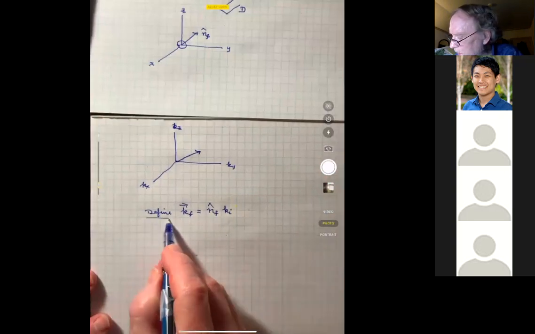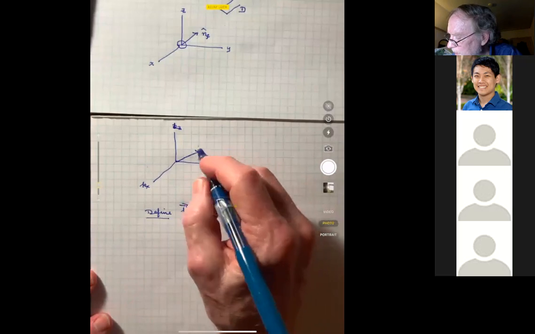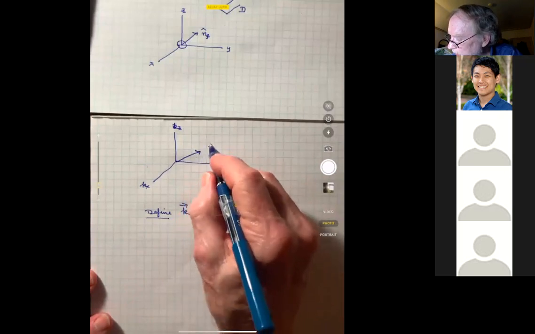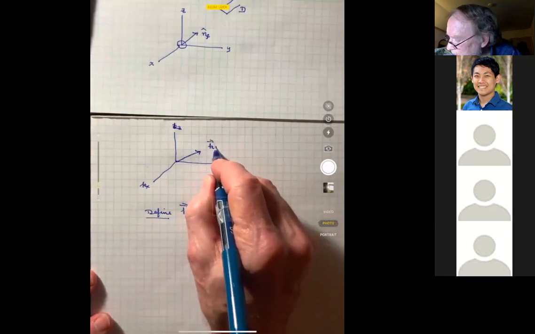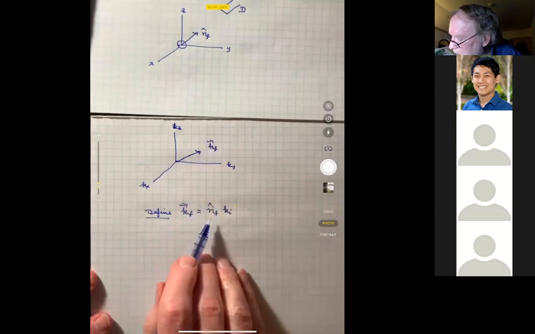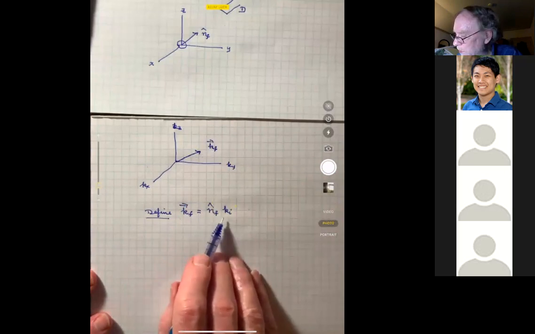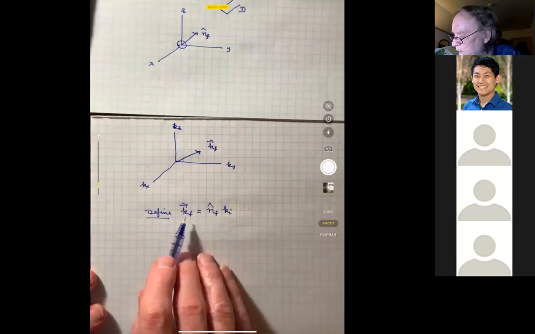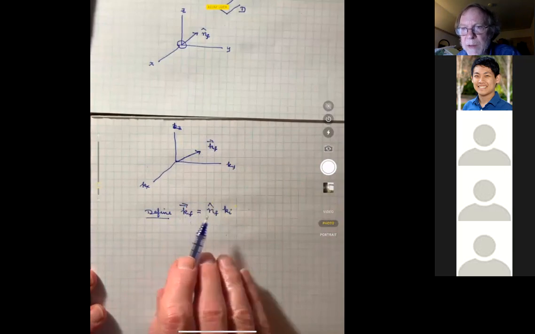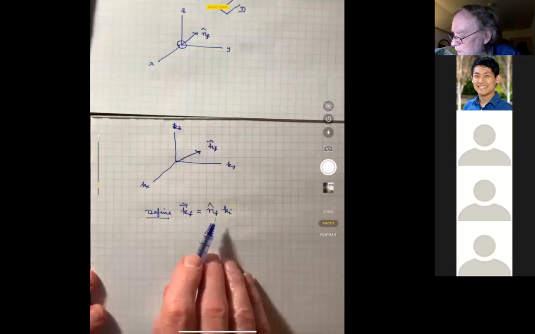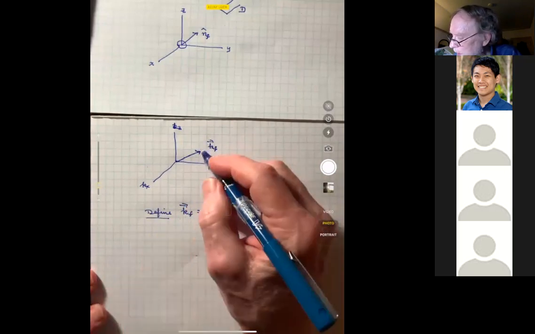What that means is that there's a k vector final in k space, which is in the direction of the n hat f, and its magnitude is the same as the magnitude of the incident k vector. That means that k final represents the same energy as the incident particles.